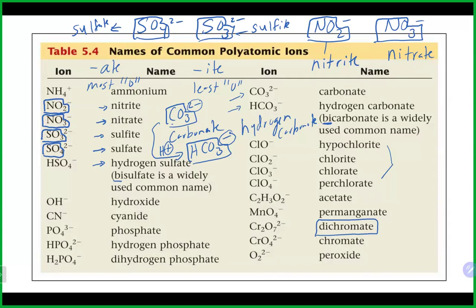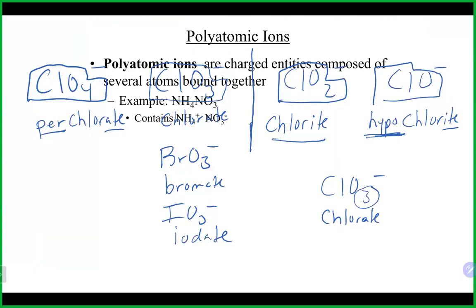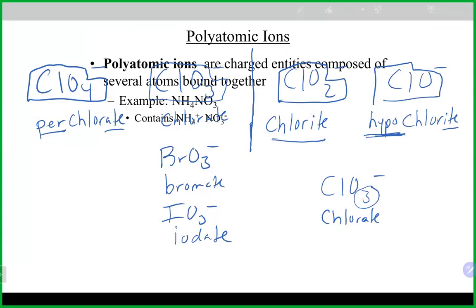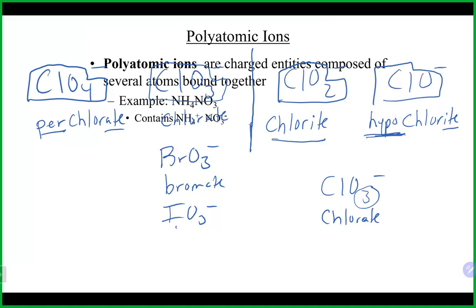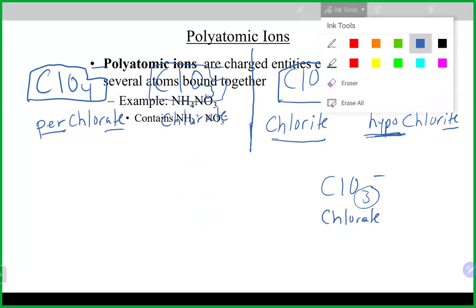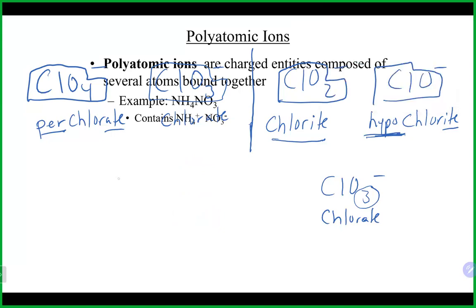So you can sort of adjust things up and down. For example, let's just say I had one of those guys up there, which is PO4 3 minus, and I know that is phosphate.